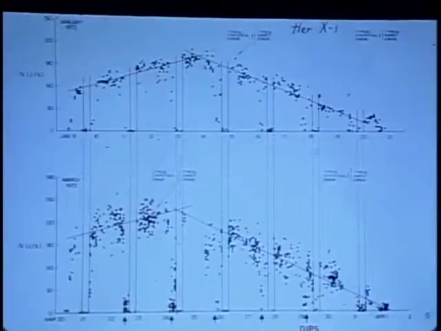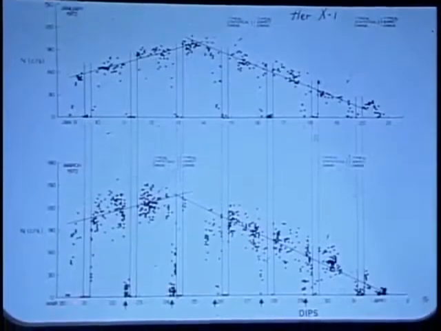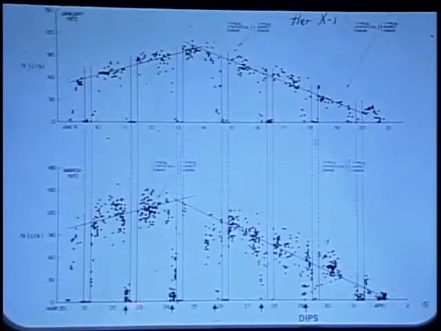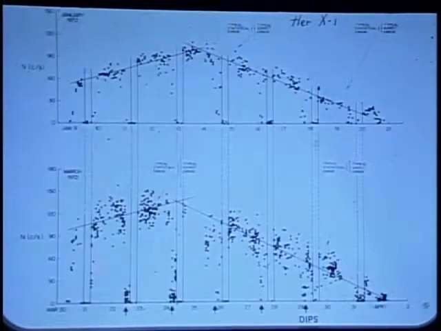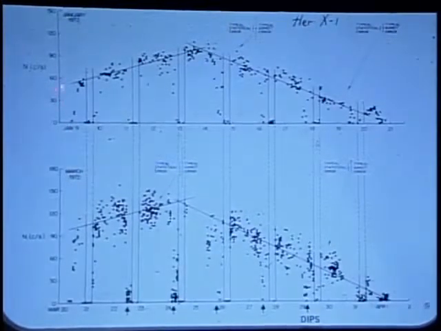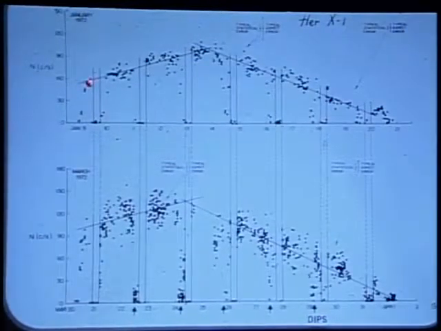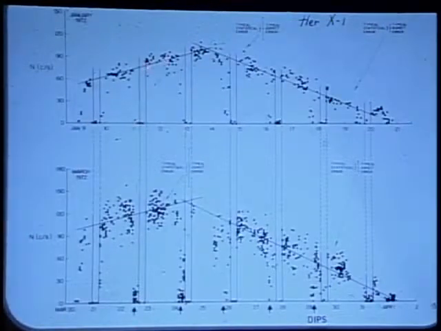Here you see data from the same object, but now the time scale is very different. From here to here, this is 2 days. And when you look at this data alone, forget this for now, notice that you see the source is active in X-rays. The 1.24 second oscillations you cannot see, of course, anymore because the time scale is different. But notice here, there are no X-rays at all. 1.7 days later, no X-rays at all. 1.7 days later, no X-rays at all.